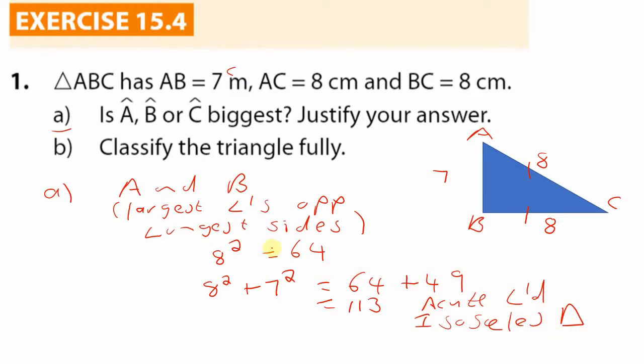If in fact the longest side squared was larger than the sum of the two other sides squared, it would have been an obtuse angled isosceles triangle. But in this particular case, since it's smaller, it must be an acute angled one.